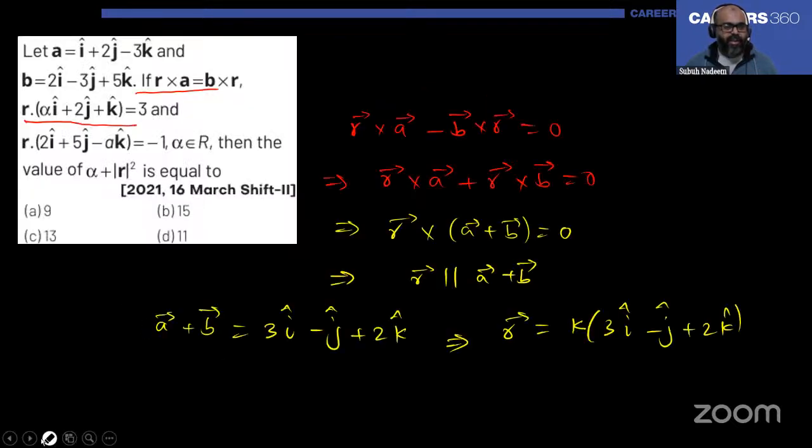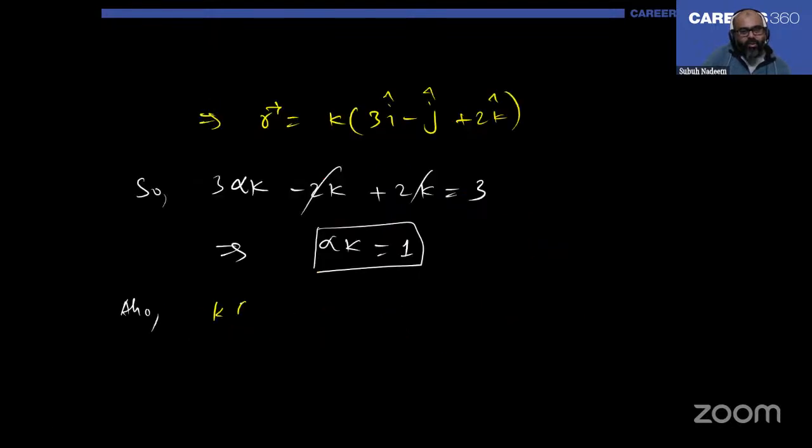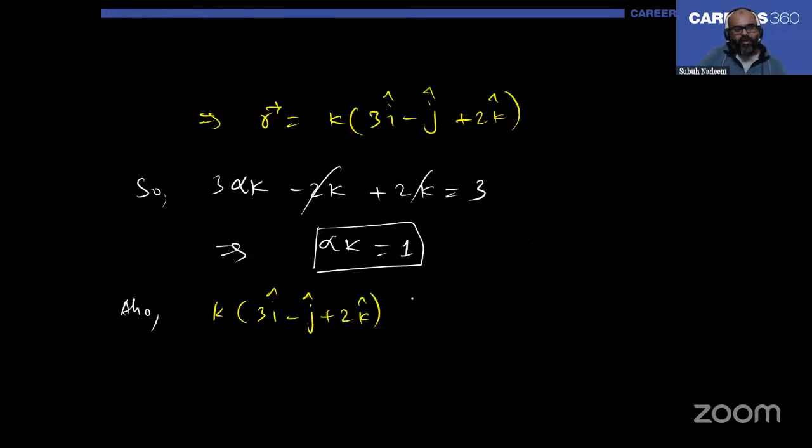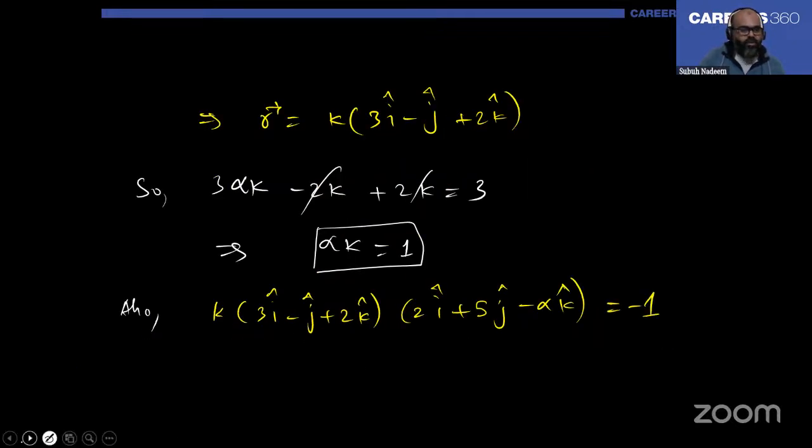Let us see what we are getting. So R we have got as K into (3i cap minus j cap plus 2k cap). This is R. And the other is 2i plus 5j minus alpha k. This dot product is equal to minus 1.